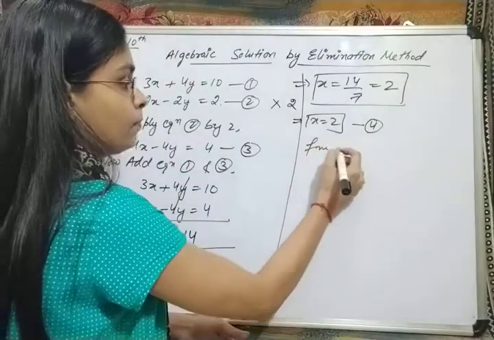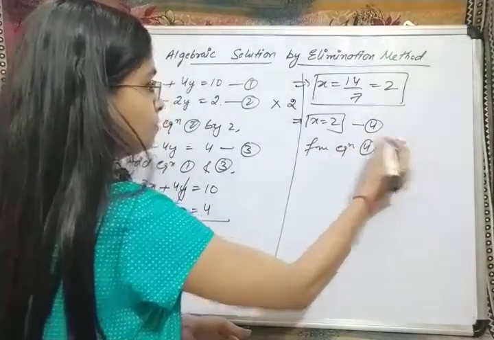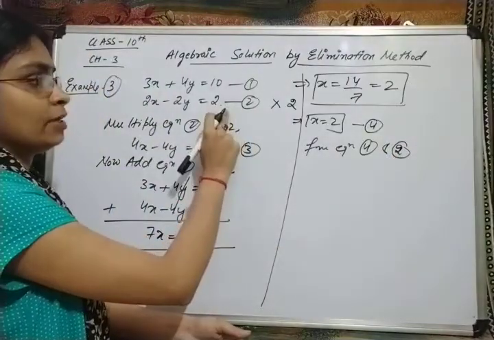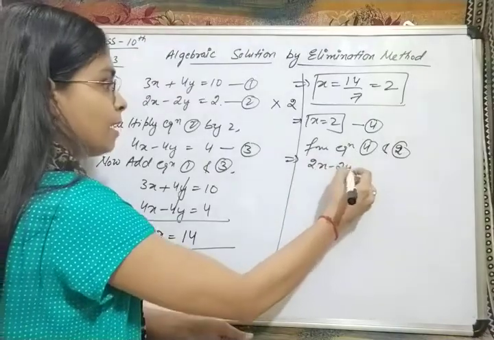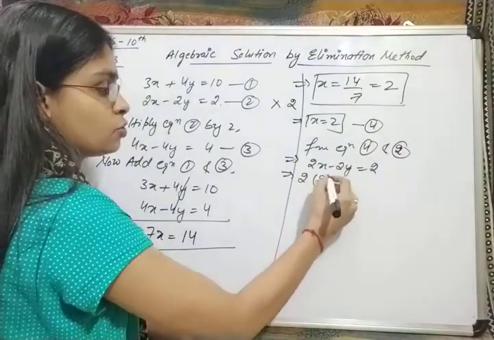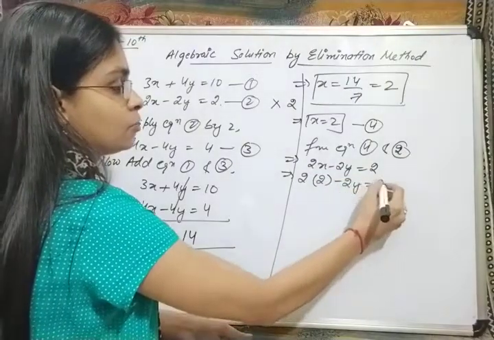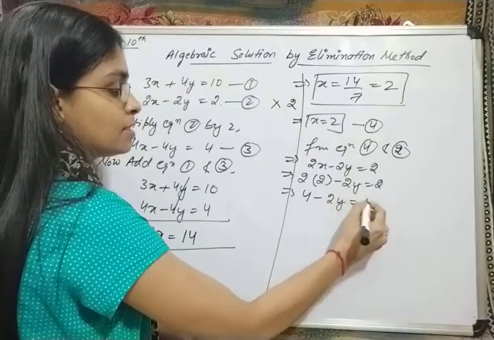So from equation 4, I am putting the value of x in which equation? The second equation. What is the second equation? That is 2x minus 2y is equal to 2. So the x value is 2, so 2 times 2 minus 2y is equal to 2. So this will be 4 minus 2y is equal to 2.